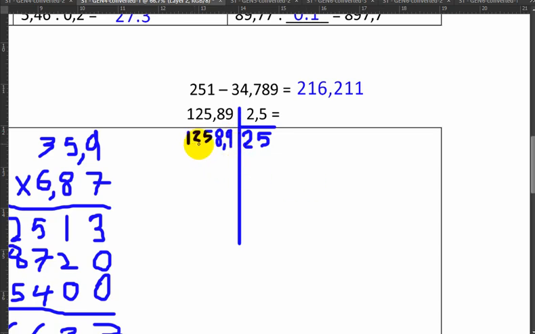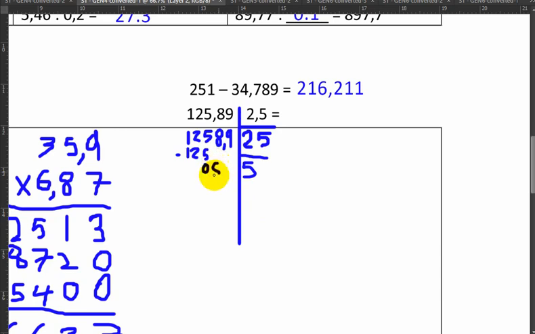All right, so we get 1,258.9 divided by 25. All right, 25 doesn't fit into 12, but it does fit 5 times into 125. And it fits exactly 2.